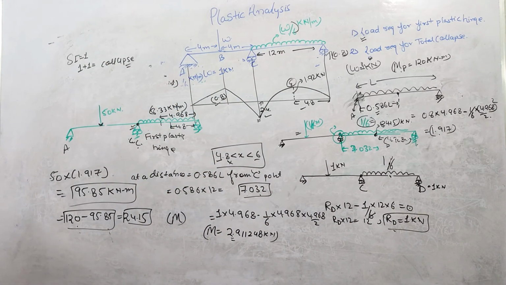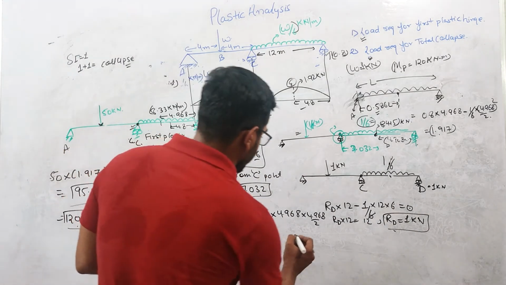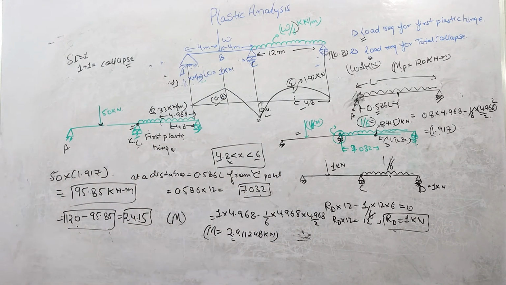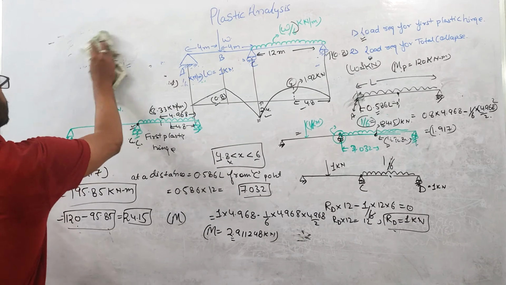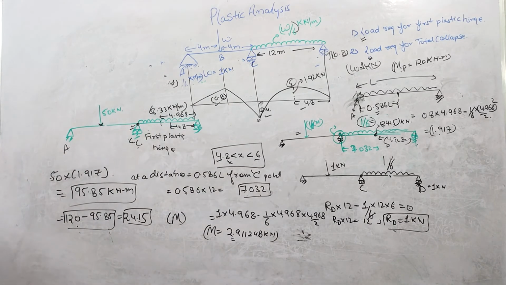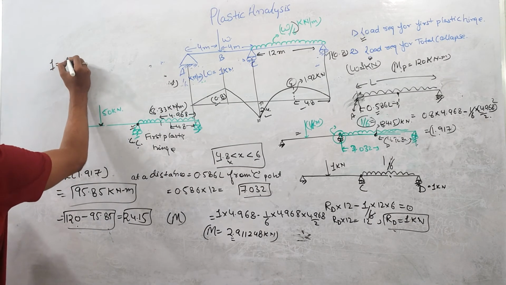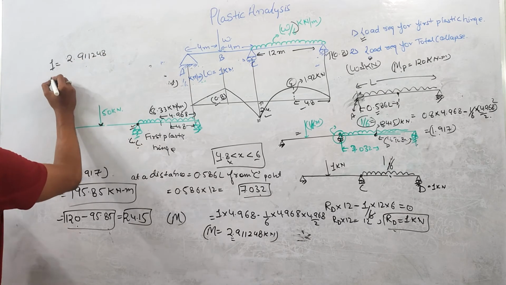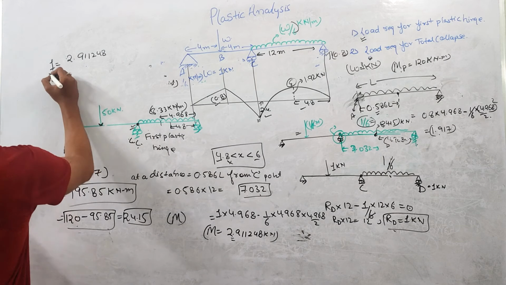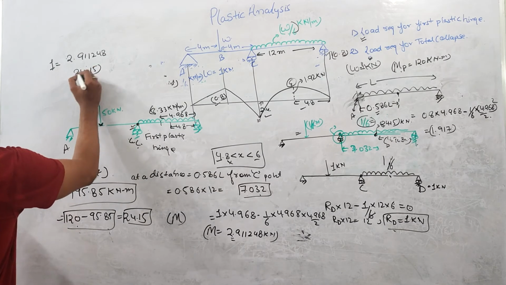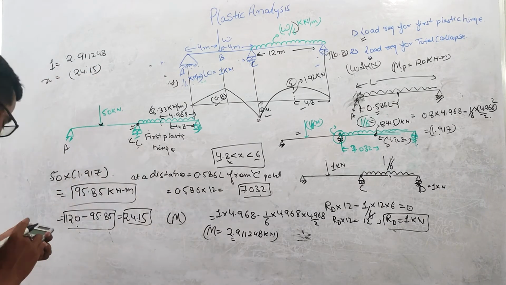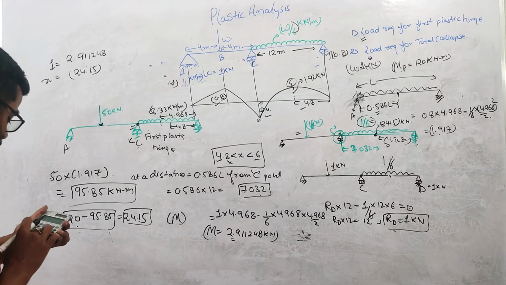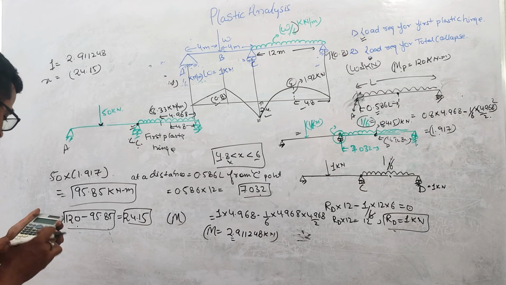Okay, so due to 1 kilonewton load, now we will be using linear interpolation for this thing. Due to 1 kilonewton load, the moment generated was 2.911248, and for 24.15, how much load is required? This will be 24.15 divided by 2.911248.